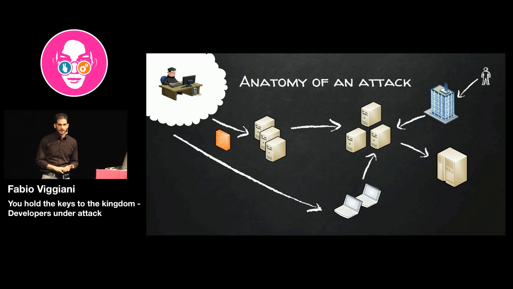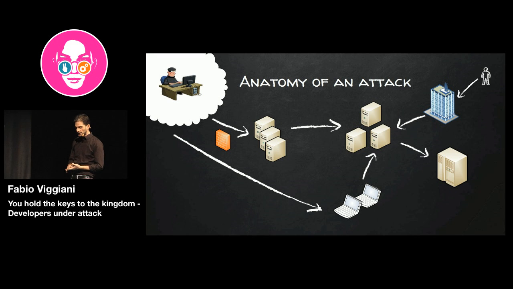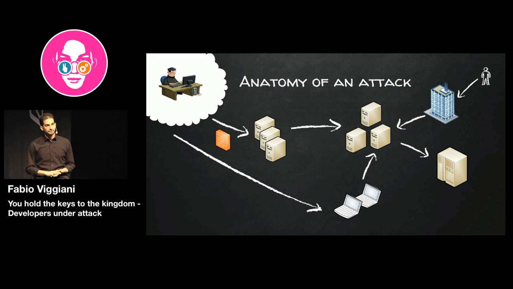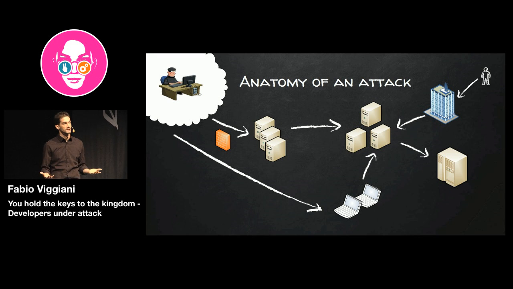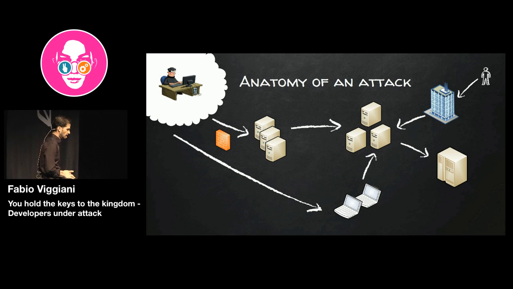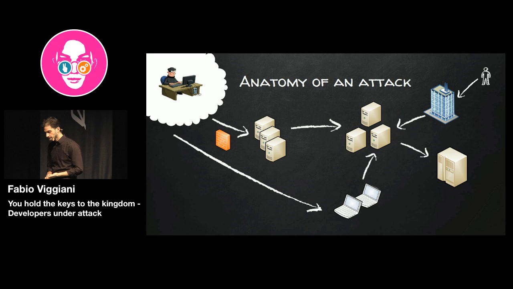Once we gain a foothold, then we'll try to expand. And if we talk about Windows domains, that usually is equivalent to gaining domain administrator privileges, so compromising a domain admin account in some way. Once we do that, then we'll try to pinpoint our final target.